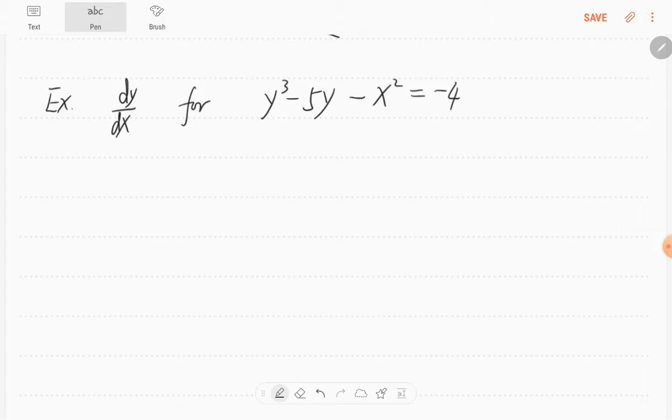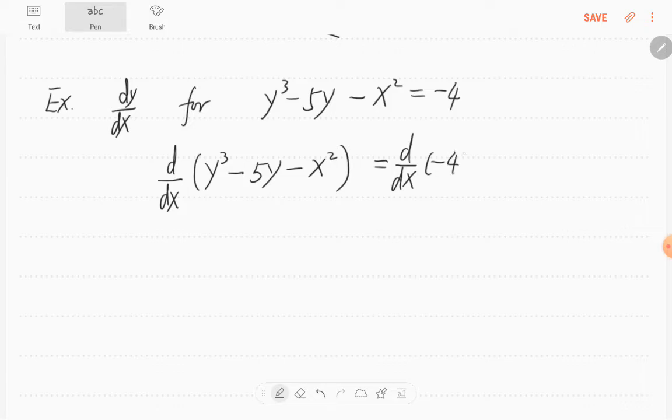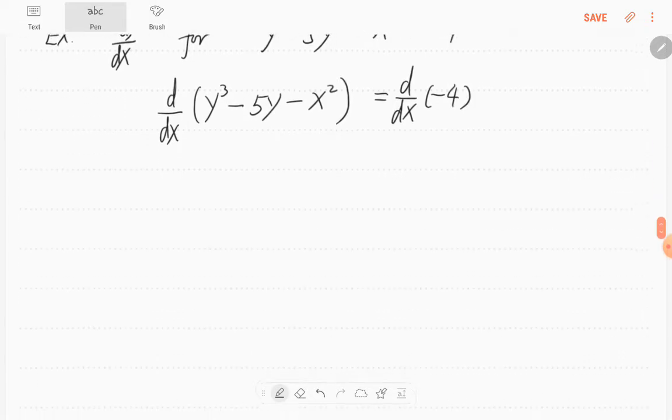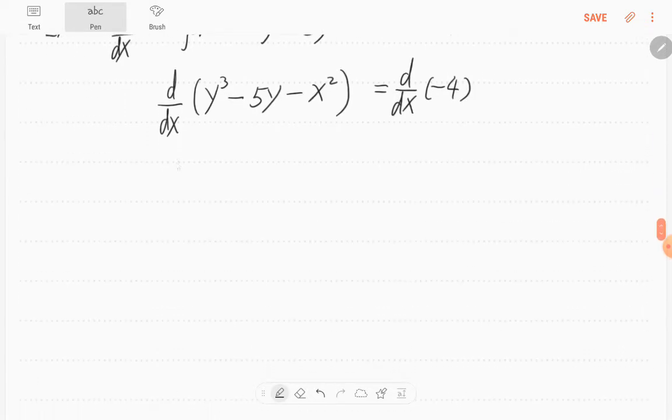What should we do? As the first step, we take the derivative about x for both sides, then take the derivative for each term.